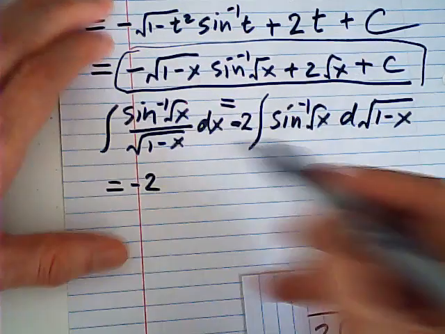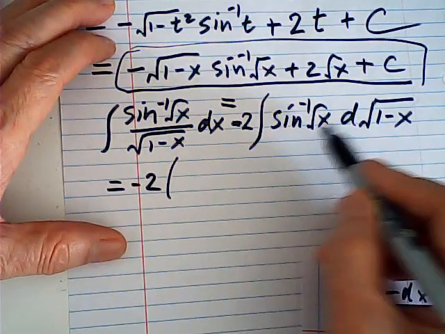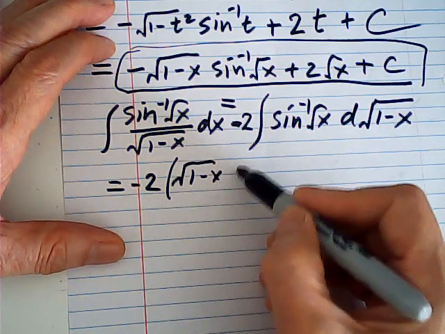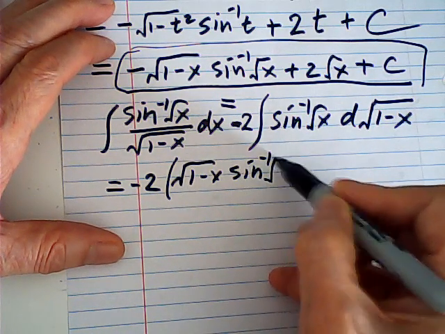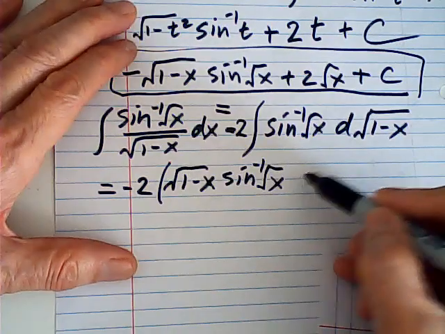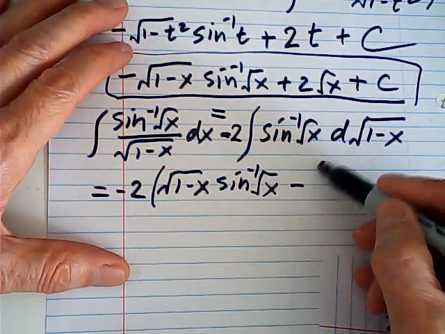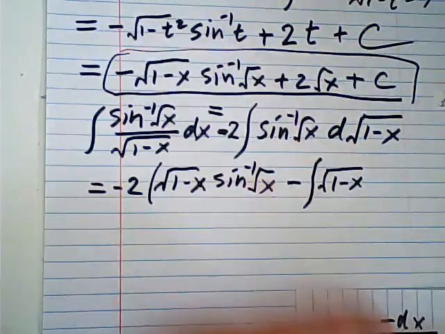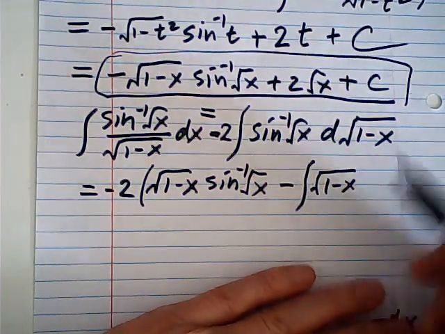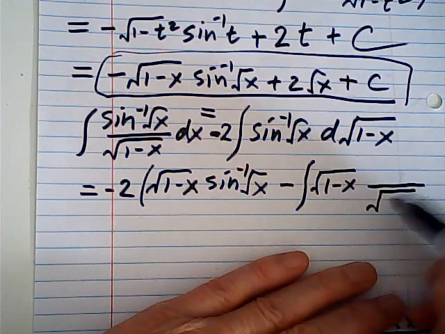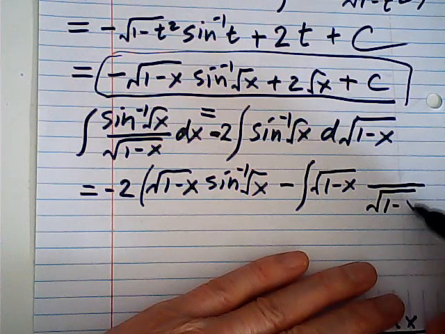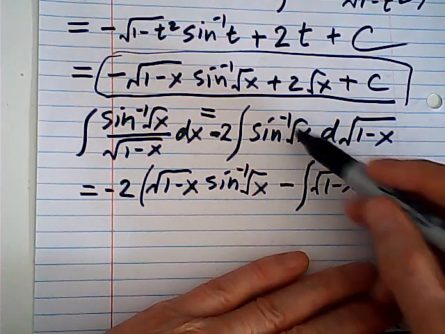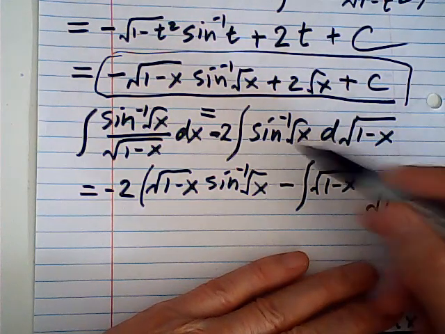I can use it by parts, right? UV, U times V. So this is my V, this is my U. Minus integral V du. V is this. Du is arcsine derivative 1 minus, this is square, which is x. Because this is a square root x, that's a chain rule, right?